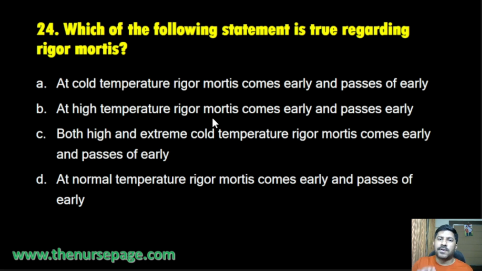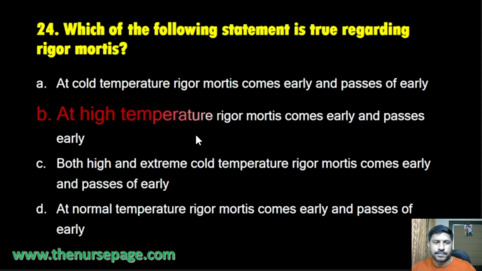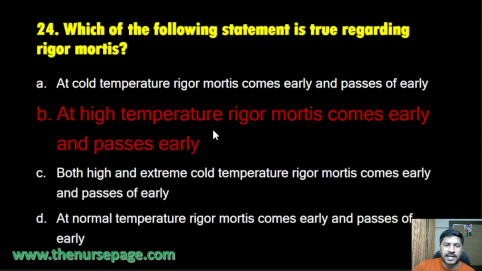If rigor mortis occurs slowly, the relaxation will also occur slowly. In cold temperature, rigor mortis occurs very slowly, and the secondary relaxation will also be slow. So the correct answer is that at high temperature rigor mortis comes early and passes off early.